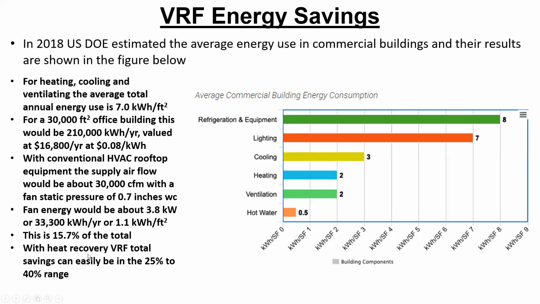With heat recovery VRF, that could save you 25% to 40%. So if you have an application where you need to control heating and cooling at the same time, or even just heating or just cooling but at multiple loads, a VRF system can save you a really significant amount of energy.